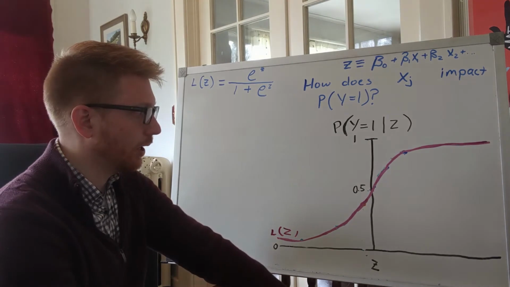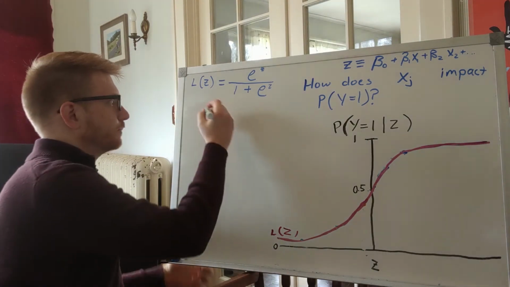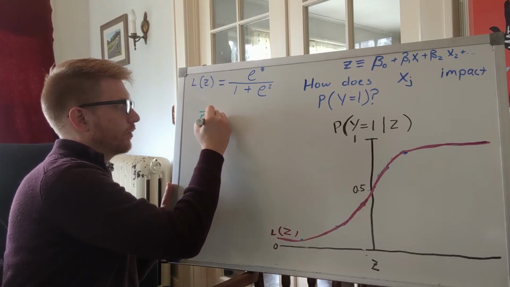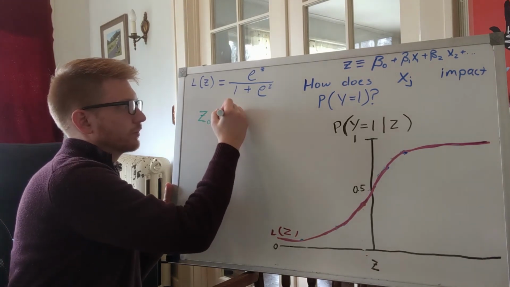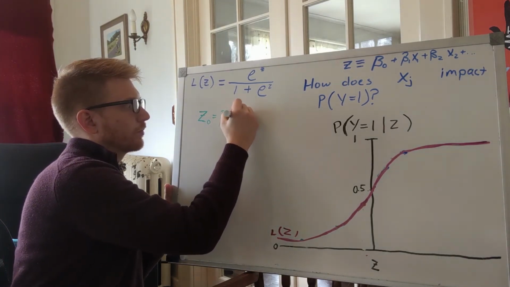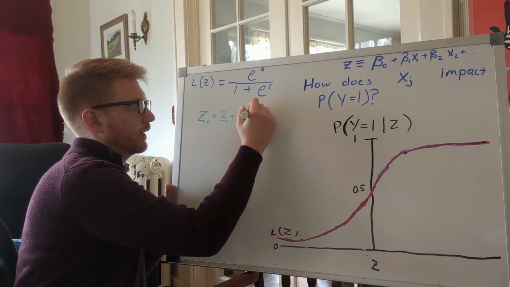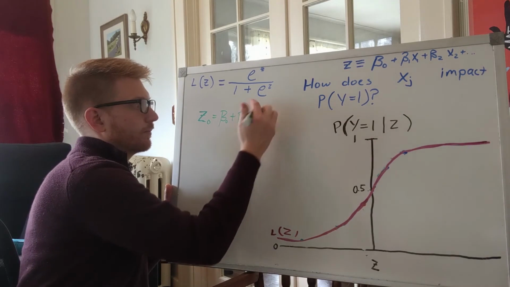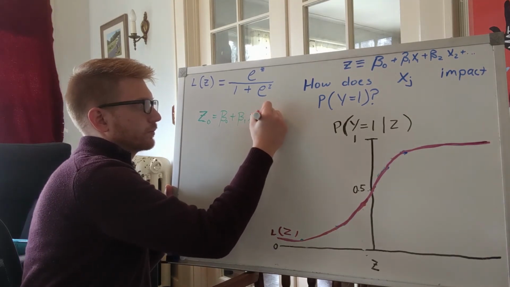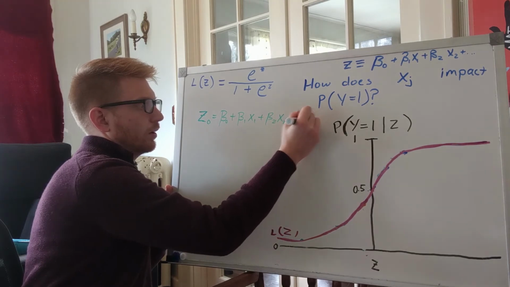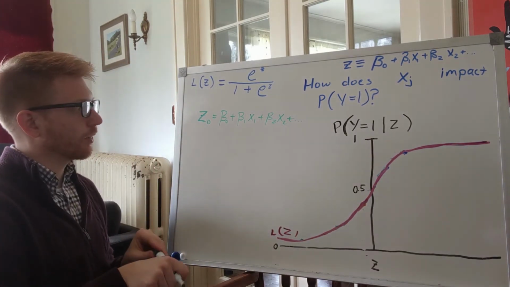So what I'm going to define is our z original. So this is going to be beta 1 plus beta 2 x, onward and so forth.